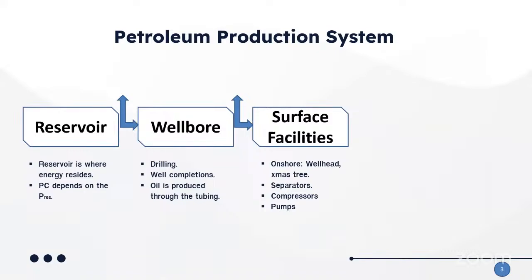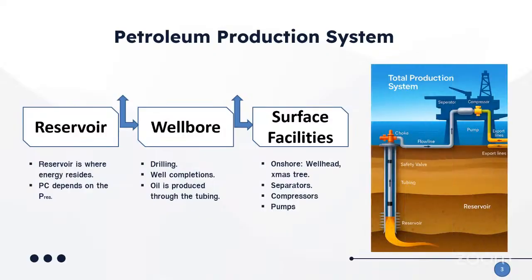Then the pumps help you apply pressure to push your fluid. We have a lot of these surface facilities, but again, I just want us to have a basic understanding of this production system, because we cannot understand production optimization without understanding what the production system is all about.